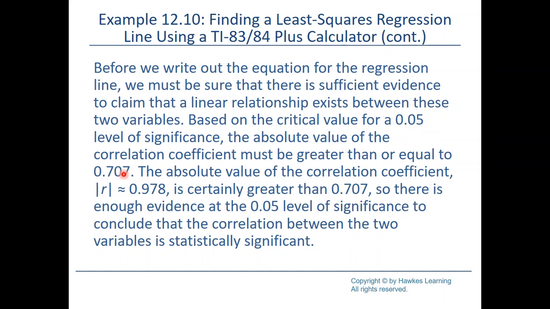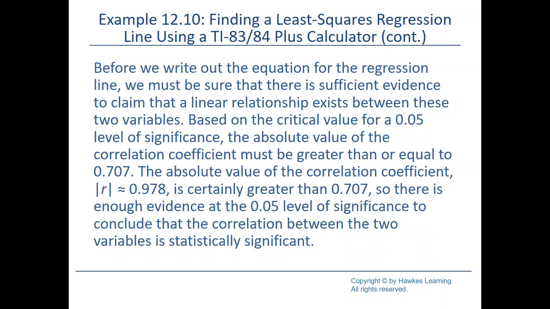So as long as our correlation coefficient is greater than or equal to this, then we should be good. We do have statistically significant items here, which in our case is 0.978. So that's definitely greater than 0.707. So there's definitely enough evidence, at least at a 0.05 level of significance, to conclude that the correlation between the two variables is statistically significant.